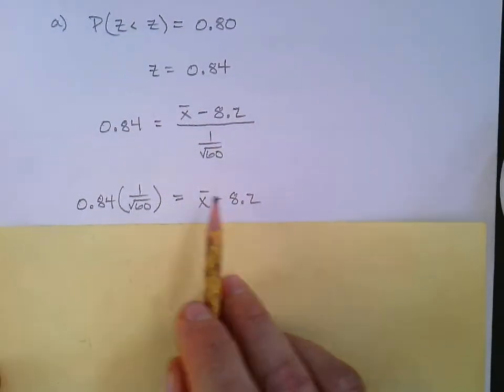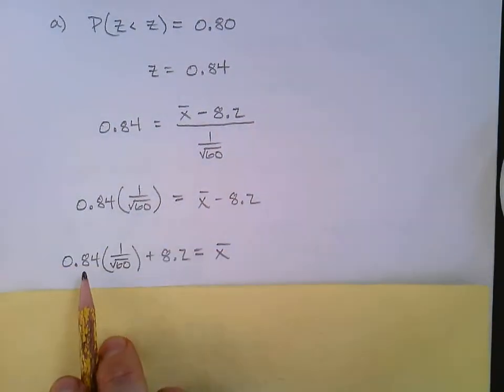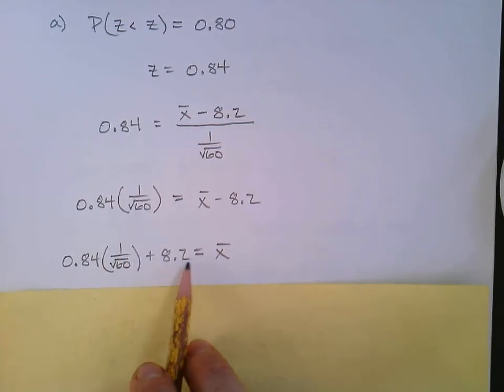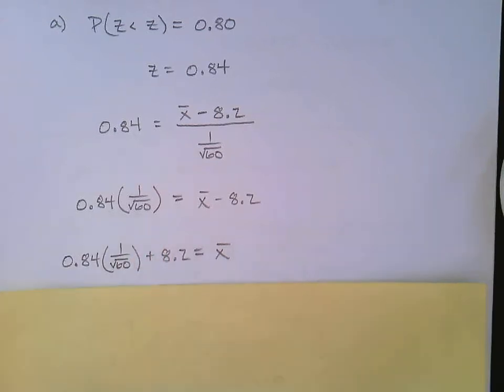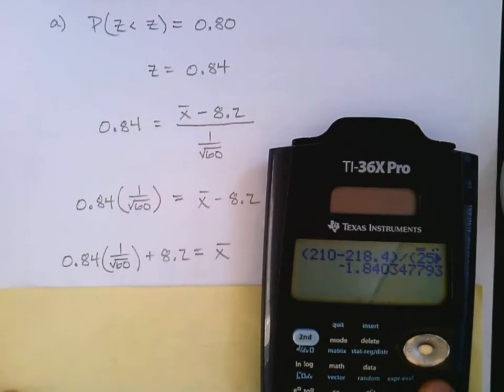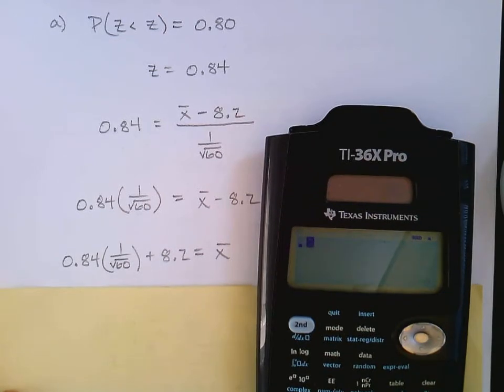At that point, we can add the 8.2: 0.84 times 1 over square root of 60 plus 8.2. Now grab your calculator and compute that. I'll do the same. 0.84 times 1 over the square root of 60 plus 8.2.